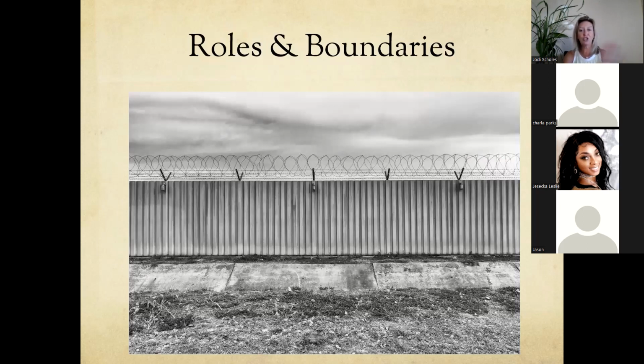If we were talking about countries, we'd be talking about a fence, right? Something that says, this is my space, that is your space. This is the United States, that is Canada. So with these roles and boundaries, we need to be able to express.